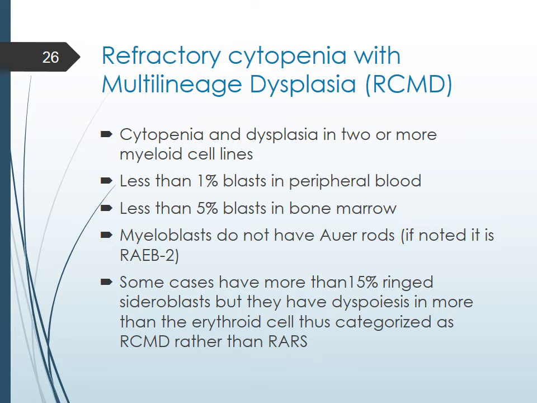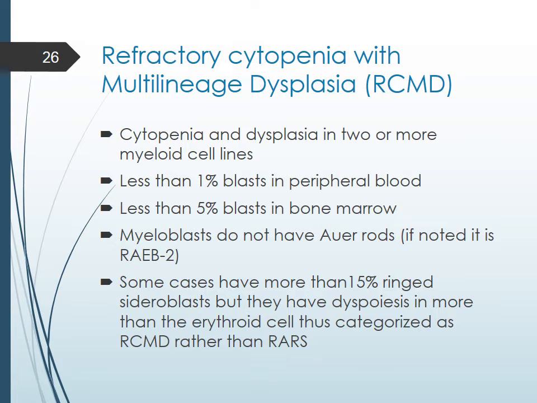In RCMD, the myeloblasts do not contain Auer rods. Now remember what Auer rods were? We had discussed earlier. Auer rods are found in the myeloid series. If Auer rods are noted, this disorder could be classified now as RAEB2, which we'll be talking about in the next slide.